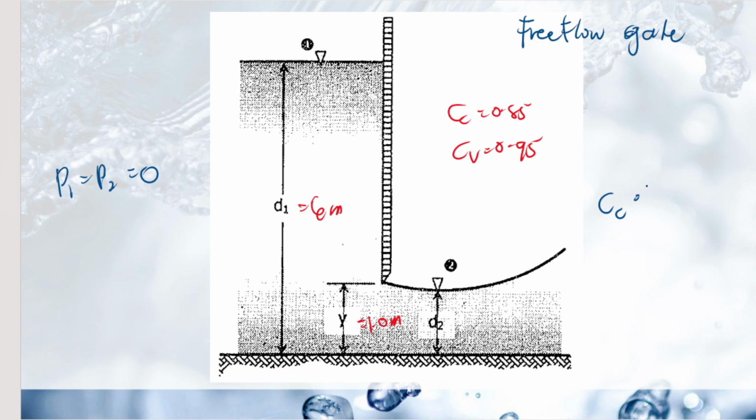Just remember this one: C sub C is equal to d sub 2 over y, assuming this is for free flow. So C sub C, 0.85, is equal to d sub 2 over y. Y is 1 meter, so d sub 2 is 0.85 meters.